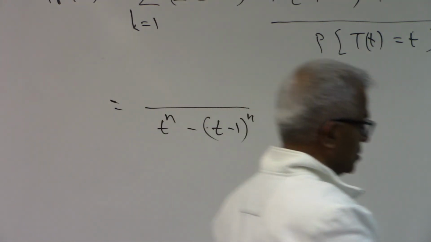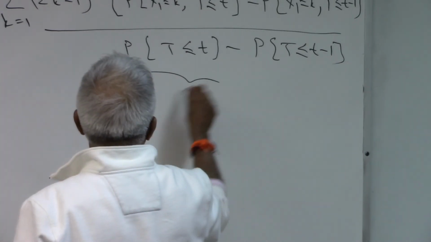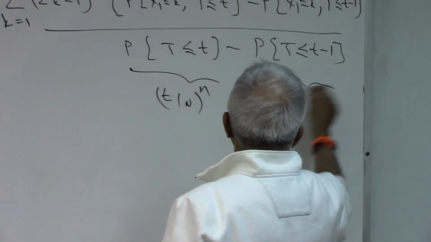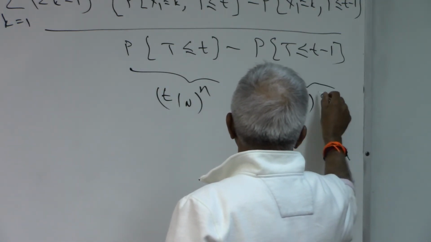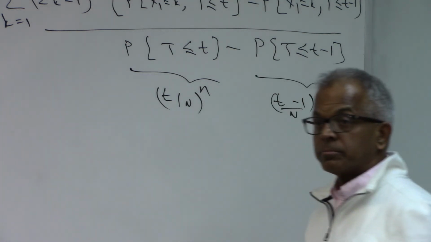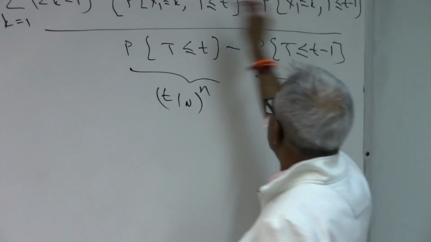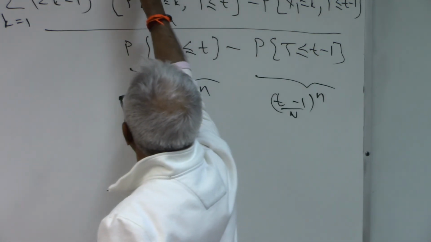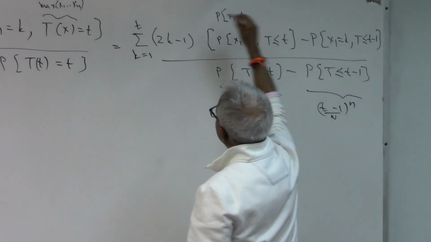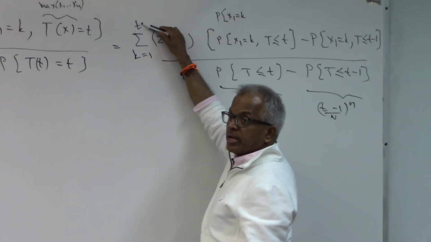this. This is the denominator, right? Because this part is t to the power n over n to the power n, and this part is t minus 1 to the power n over n to the power n. And here, as he's saying, let me write what he's saying. This you can write as x1 equal to k. Look here, k goes from 1 through t.